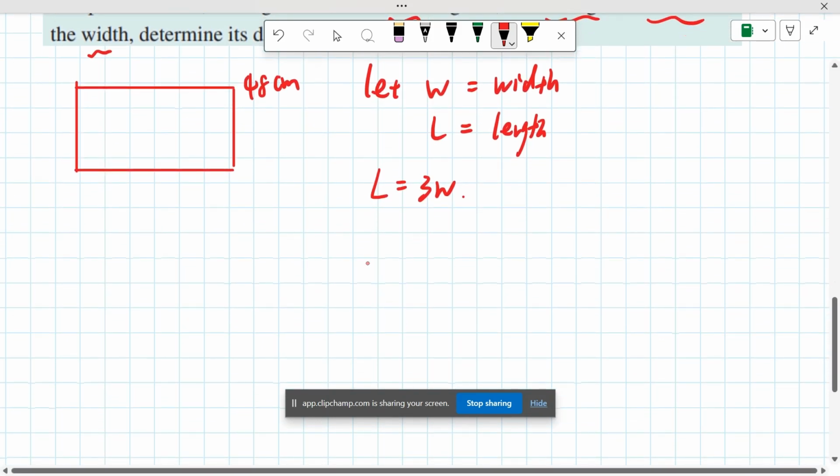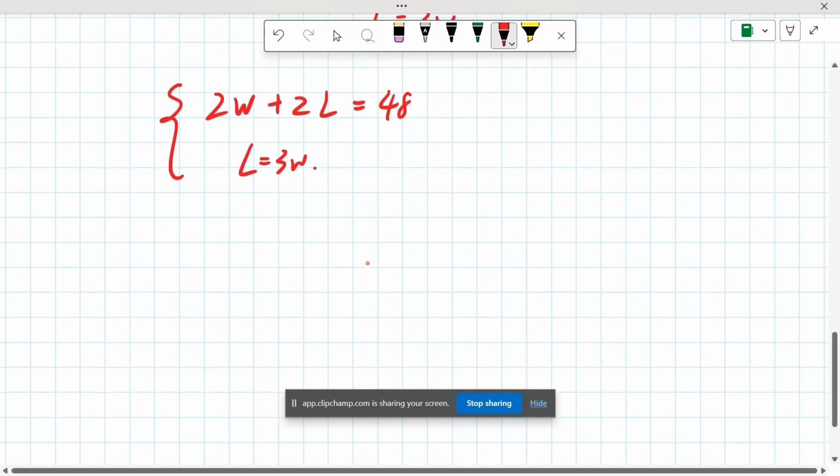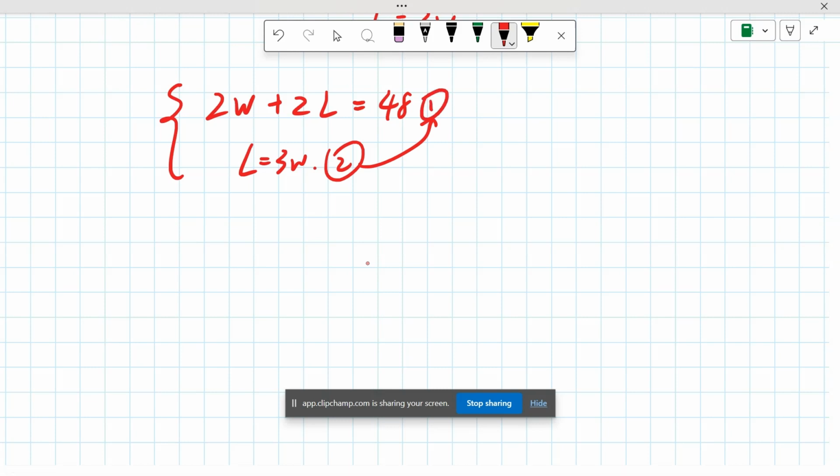Okay, perfect. Now what we know is 2W plus 2L equals 48, and L equals 3W. That's our simultaneous equation. If you have that one, we could substitute the second into the first equation.